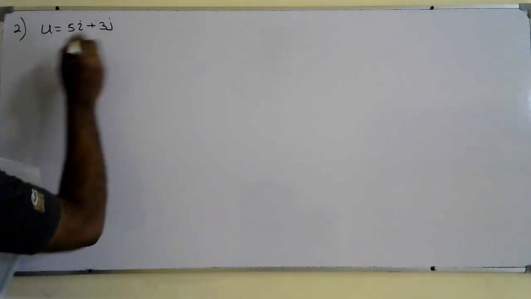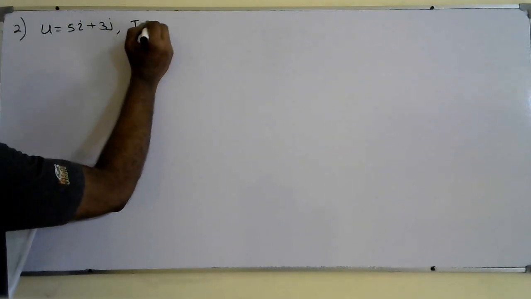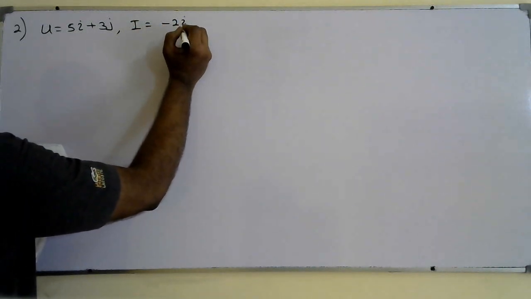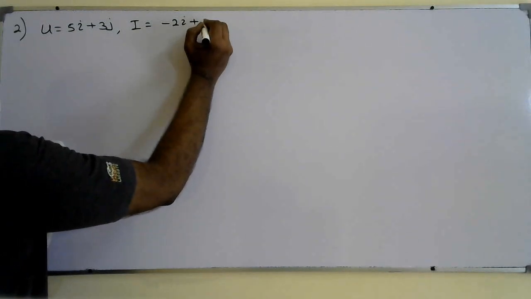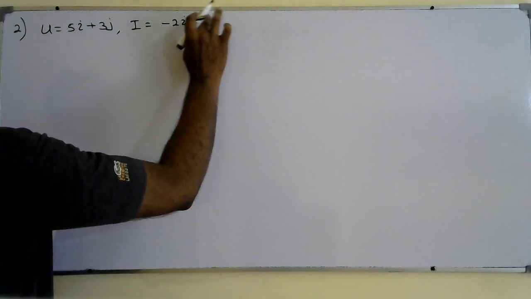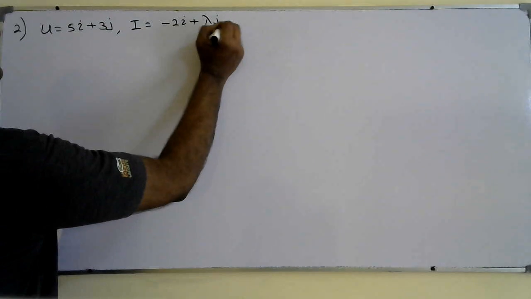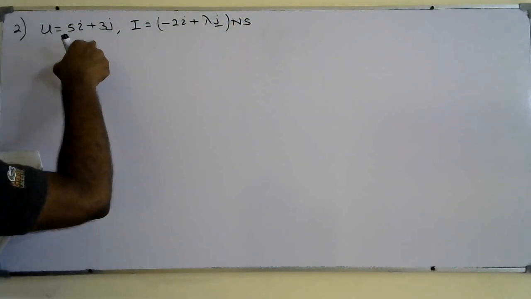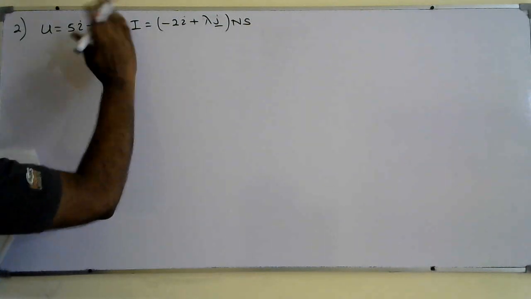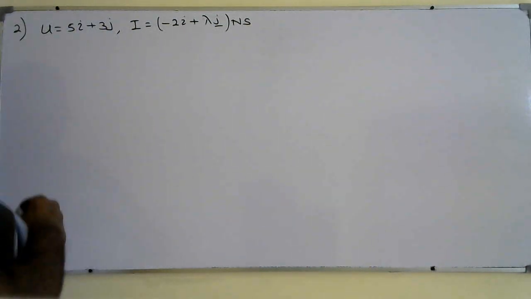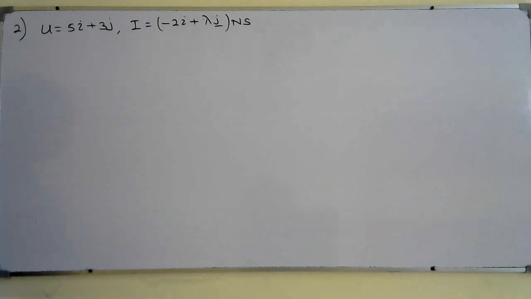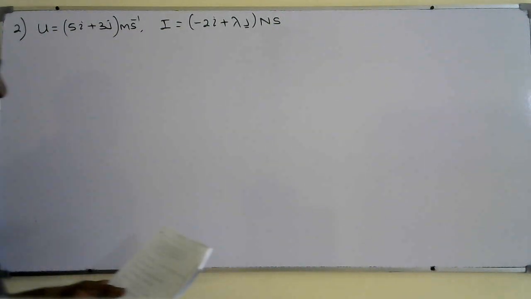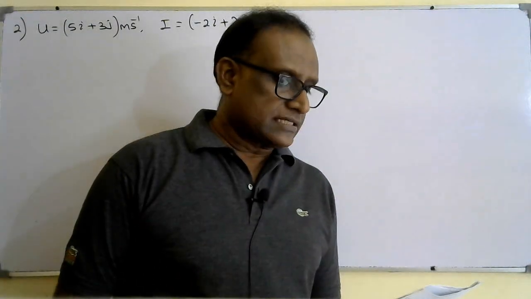The particle receives an impulse, so the impulse is given as I equals minus 2i plus lambda j Newton seconds. The velocity is in meters per second. Where lambda is a constant.